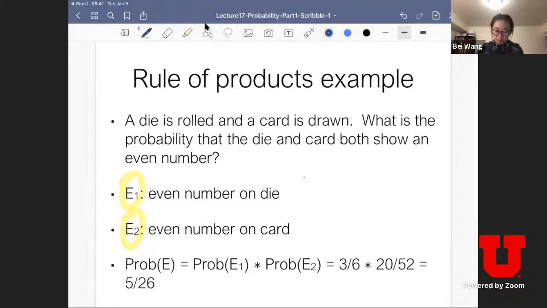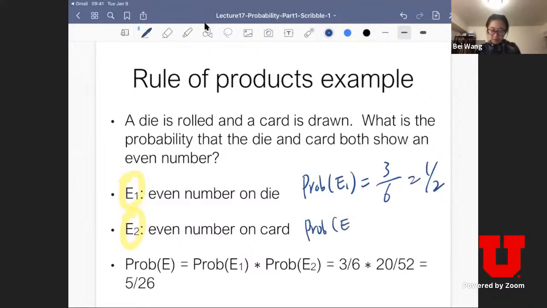We know that the probability of event 1, if you have a die of 6 faces, 3 of them are even numbers, and the total number of possible faces is 6, so you have 1/2. The probability of drawing an even number from a deck of cards: remember, I also have cards that are not numbers.